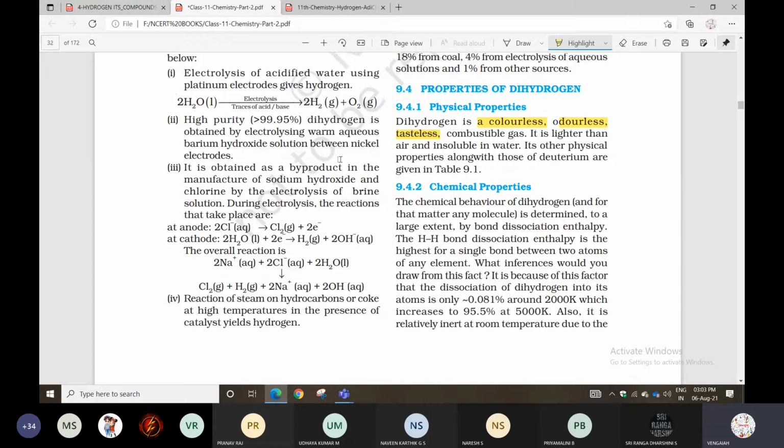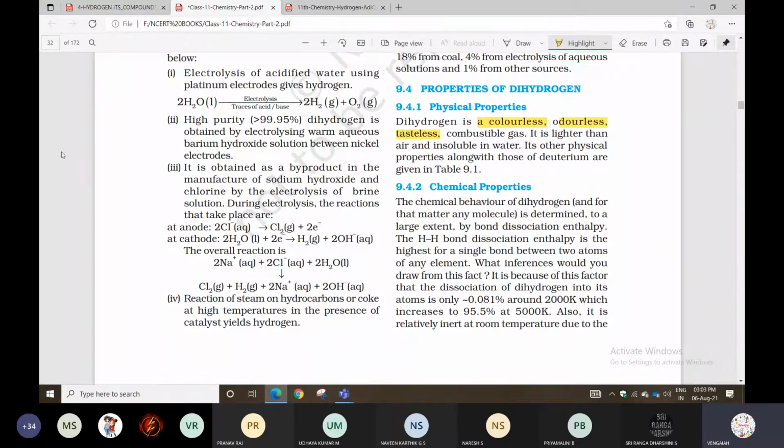For every compound, whether dihydrogen, dioxygen, trioxygen, ammonia, sulfuric acid, hydrochloric acid or nitric acid, you can follow 3 steps: preparation, properties, uses. Okay?